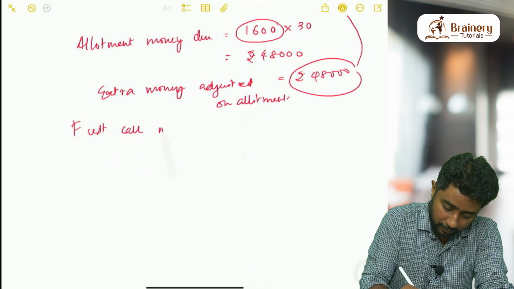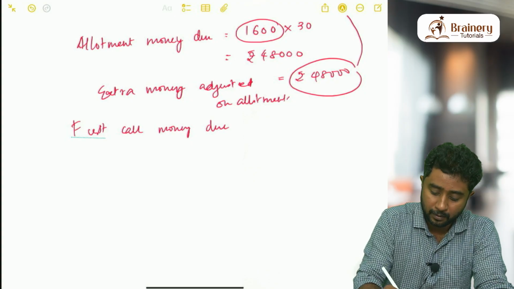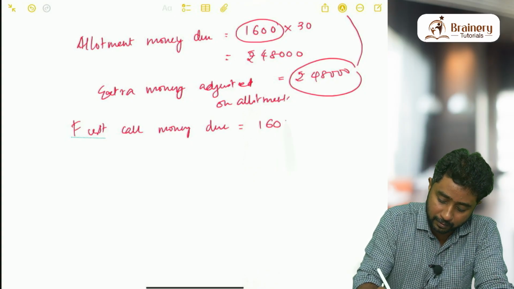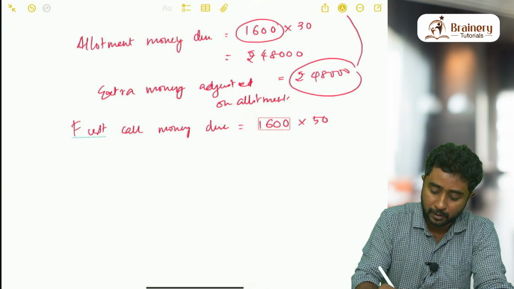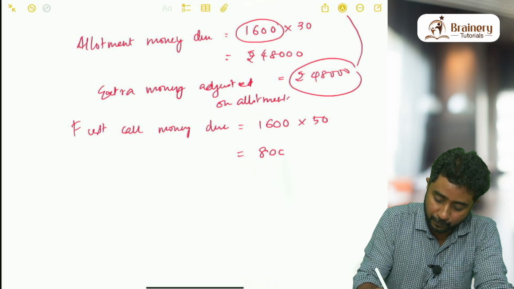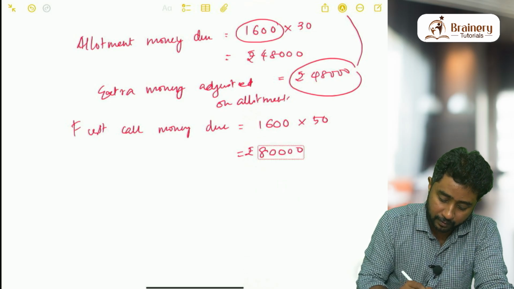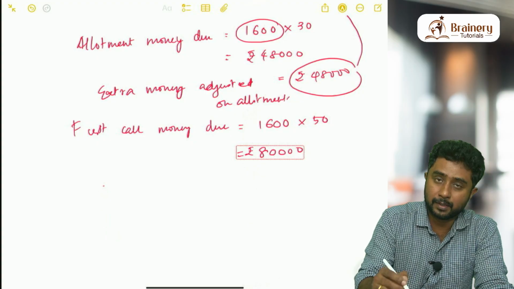Now we will see the first call money due. He got 1600 shares, and the first call installment is 50 rupees. So 1600 into 50, he has to pay 80,000. But he has already paid 12,000 extra, which is still with us.